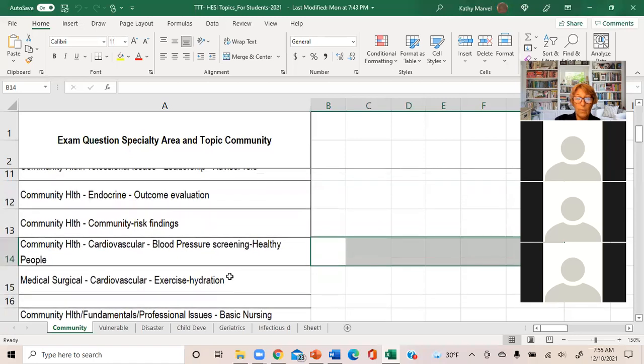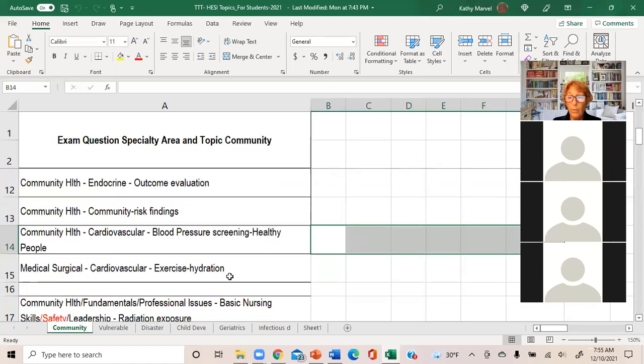If the topic was blood pressure screening, what do you think a question could be? Would it be whether the community is more hypertensive because of diets and things? Yep. What group is at risk for hypertension? Yep, there you go.